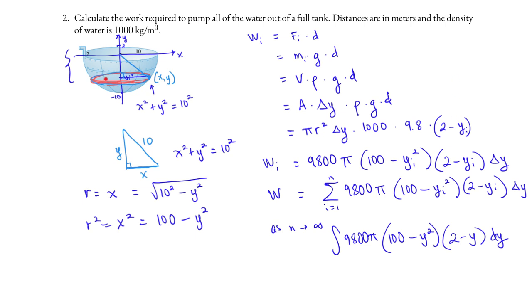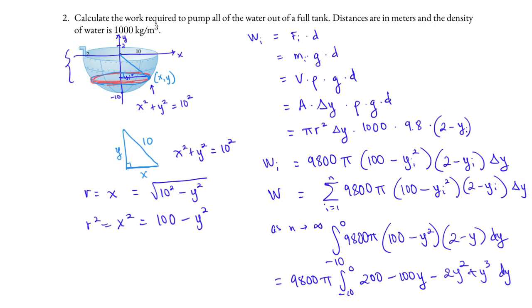The water only lies between y equals negative 10, which is the lower limit of integration, all the way to y equals 0. To evaluate this integral, we should distribute to obtain 200 minus 100y minus 2y squared plus y cubed dy, and find the antiderivative.